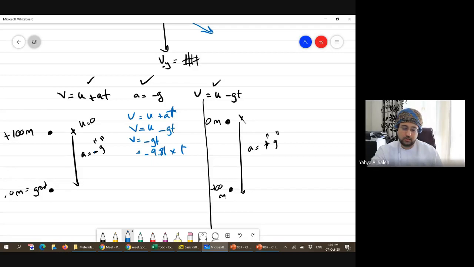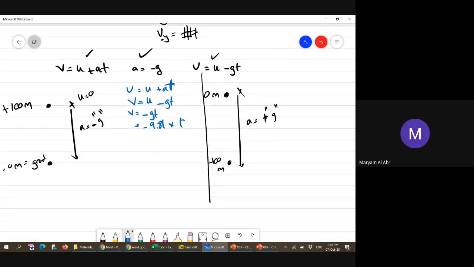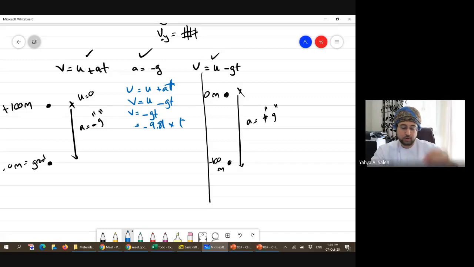صح؟ صح. But why do we consider u equal to 0? Oh, well, because we dropped it from rest. We're not throwing it. Now I don't know what time is, so I'm going to calculate my time.